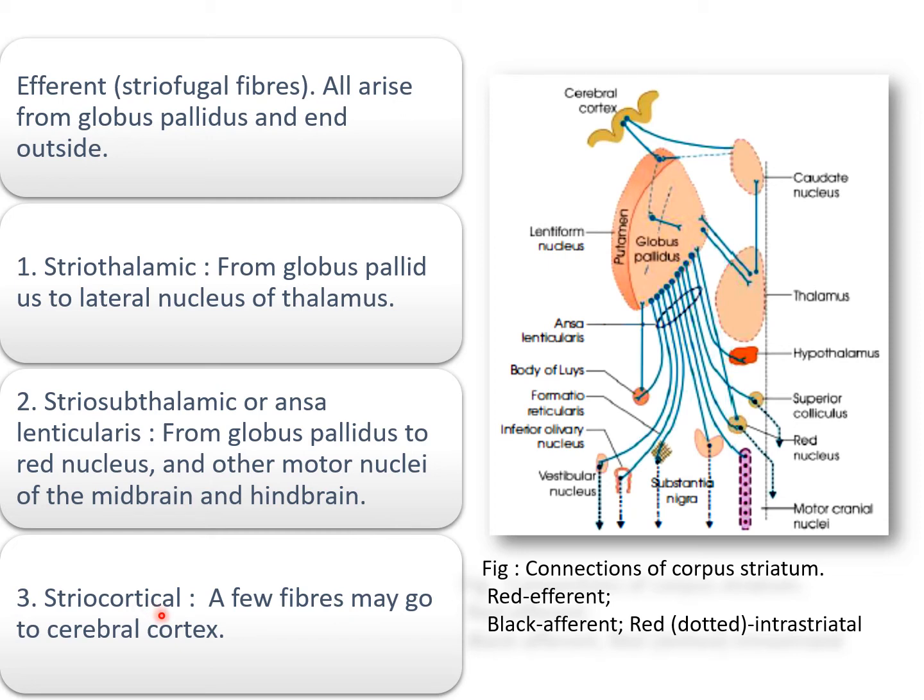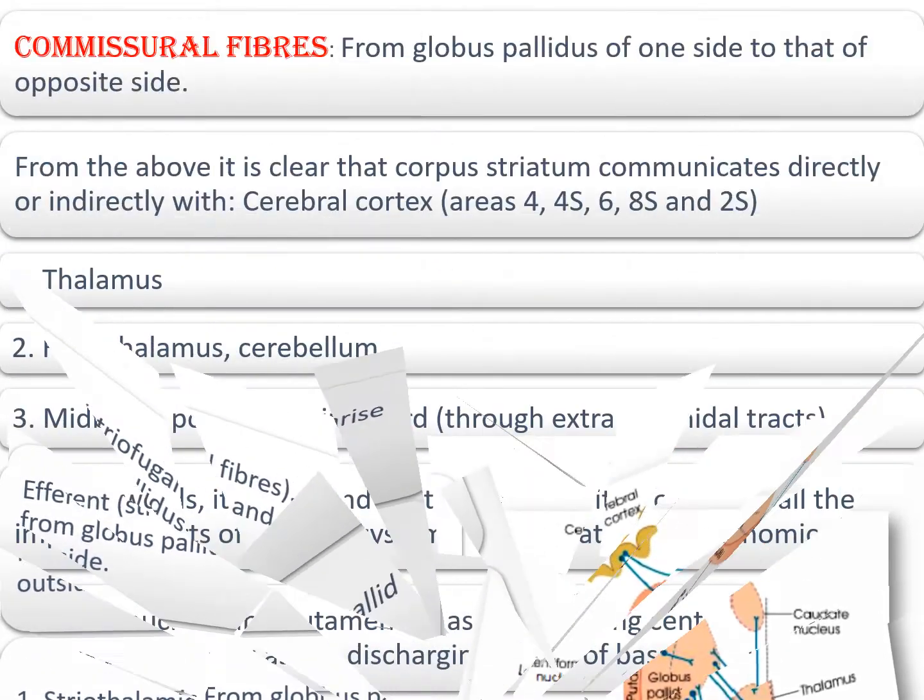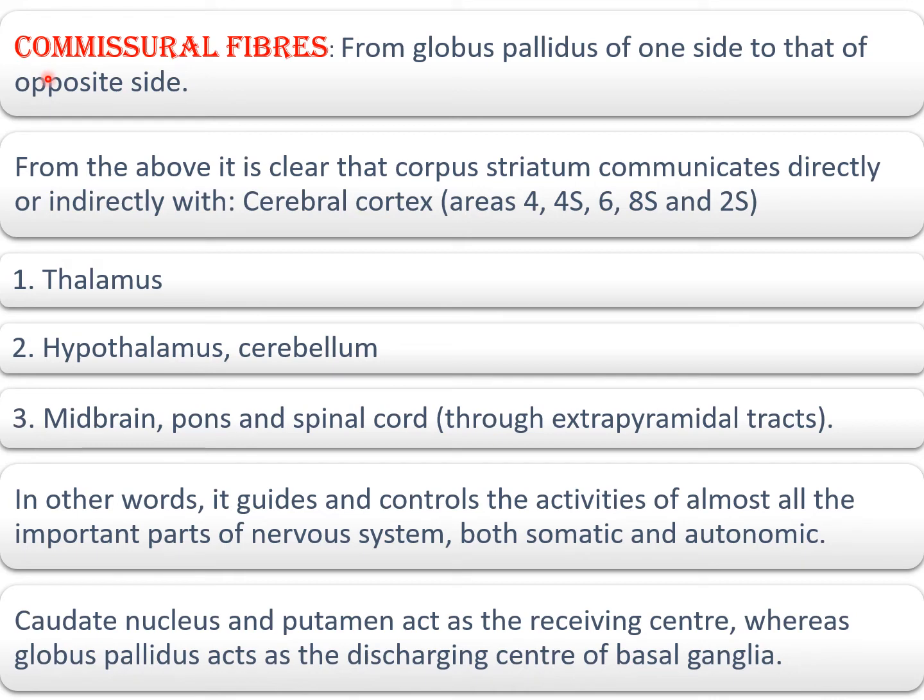Then striocortical, a few fibers may go to the cerebral cortex. Then commissural fibers from the globus pallidus of one side to that of the opposite side.